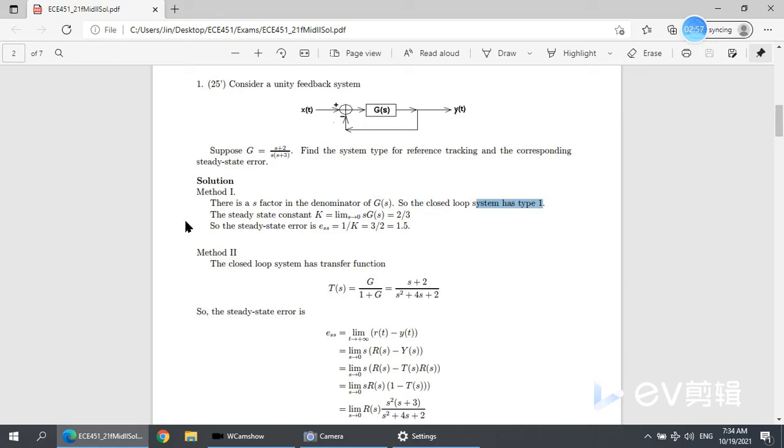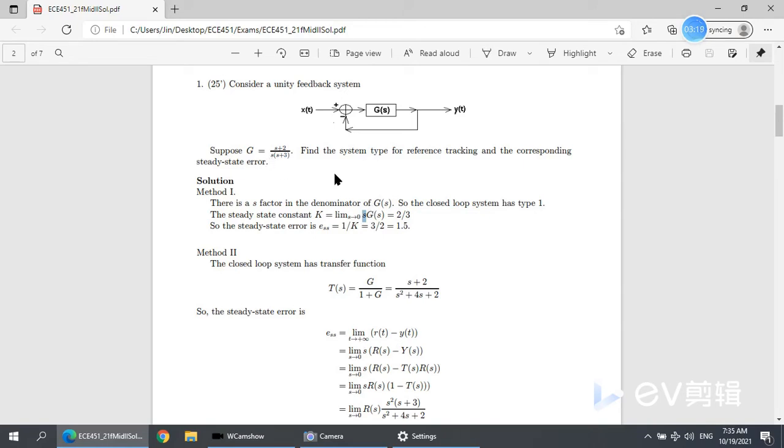Then what is the constant k? Actually, this k here should be Kv, the velocity constant. This is just s times G(s), and the type is 1. So here it is s to the power 1 times G, and let s tend to 0.